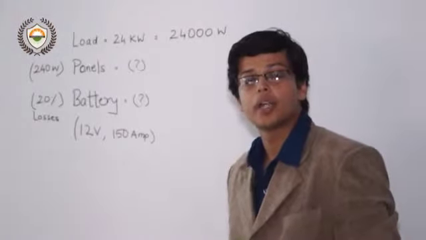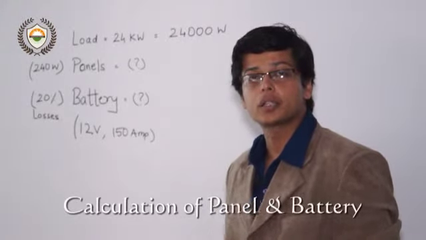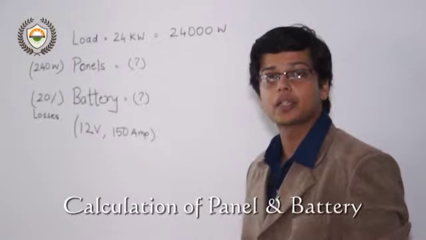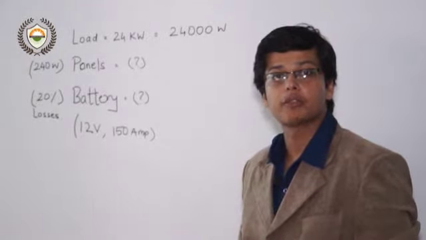This will be important for us when we calculate a sum for the solar or solar photovoltaic calculations, and also for the electrical calculations that we will be doing in future. So now we will look into a sum to calculate the number of panels and the number of batteries required for a given specific load.